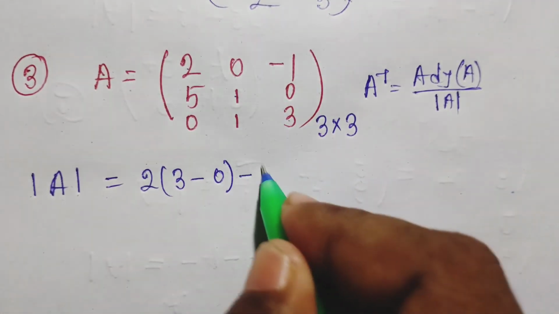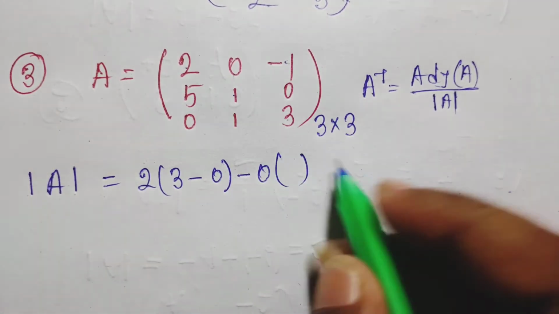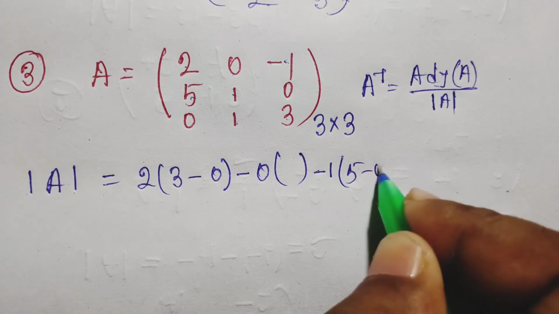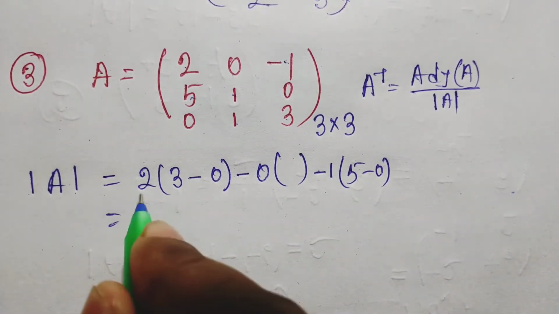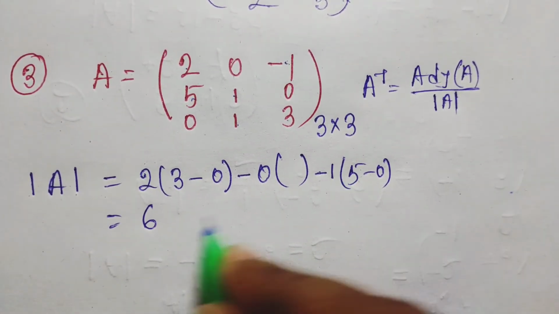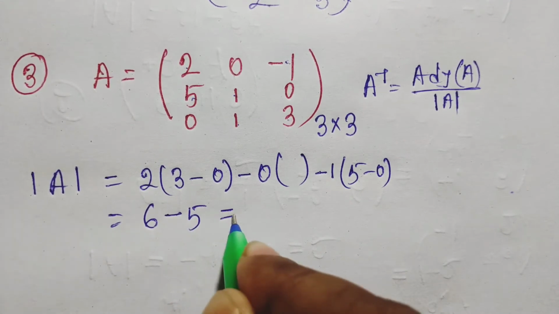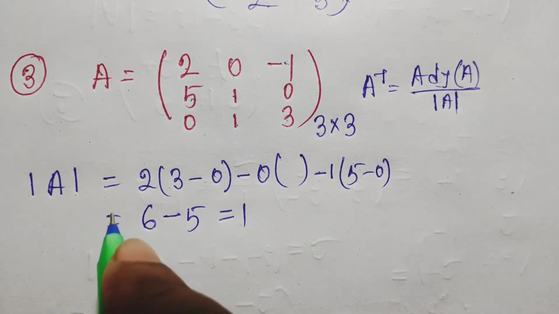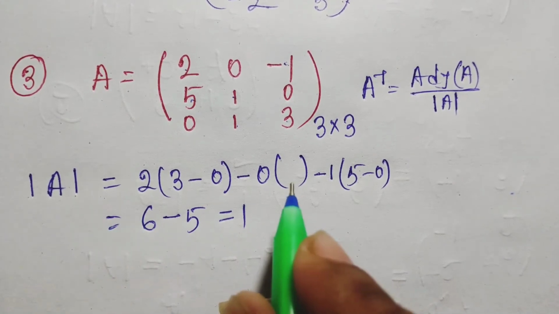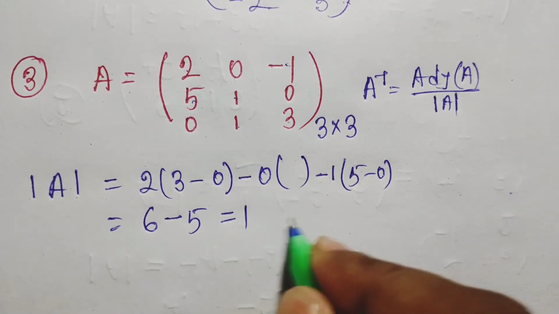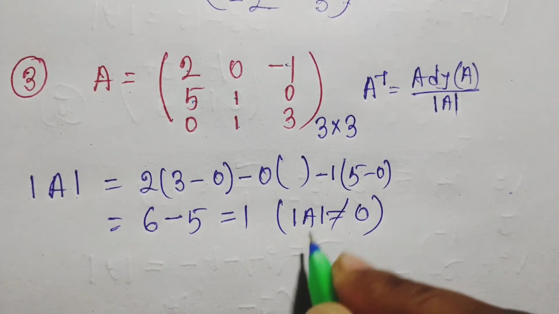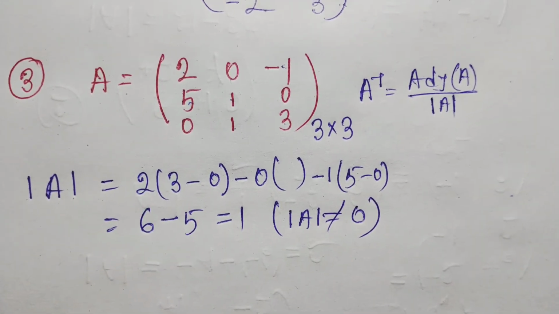Here minus 0, and here minus 1 into 5 ones are 5 minus 0. Now 3 2s are 6 and minus 5, that means 1. So det A not equal to 0. If det A equal to 0, no inverse exists. But here det A is not equal to 0, so we can find the inverse of the 3 cross 3 ordered matrix.